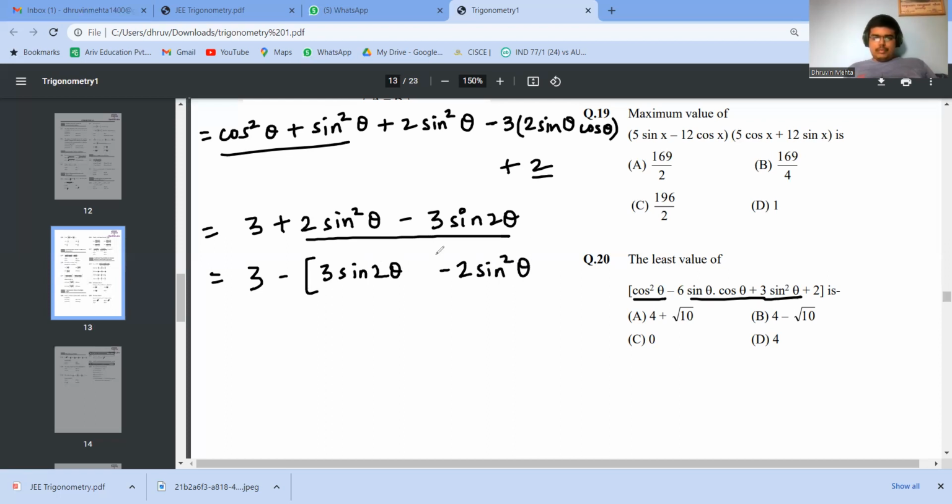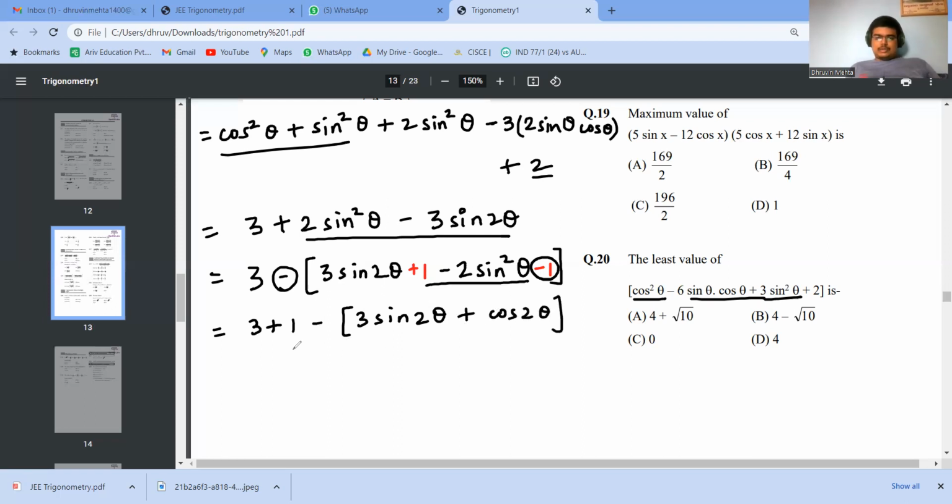And then we will add 1 and subtract 1, because this becomes cos 2 theta. And this minus 1 is not needed inside the bracket, so minus into this minus 1 will become plus 1. So this is going to be 3 plus 1 minus 3 sin 2 theta plus cos 2 theta. Are you guys following this? So now can you tell me the minimum value, the least value of this expression?